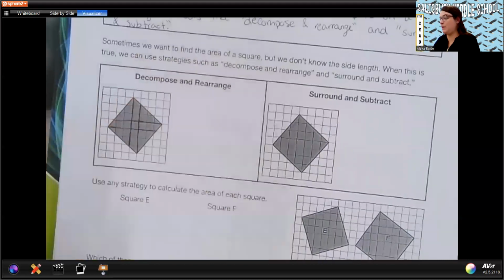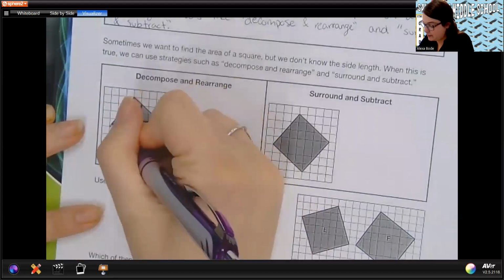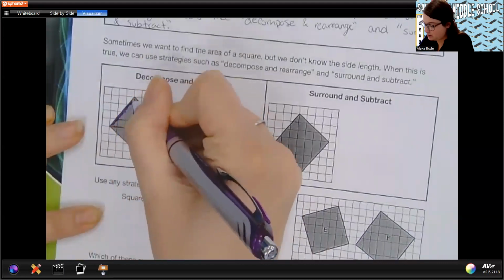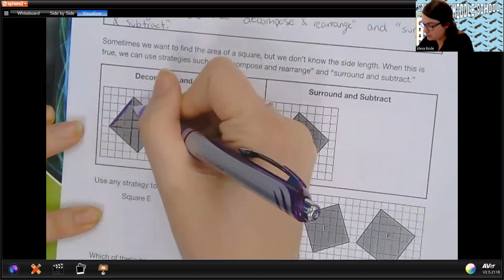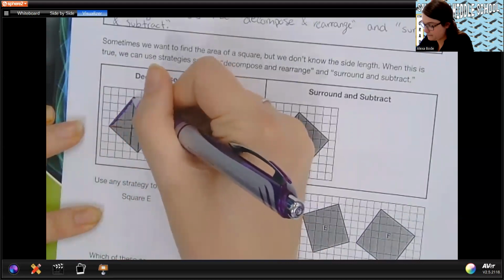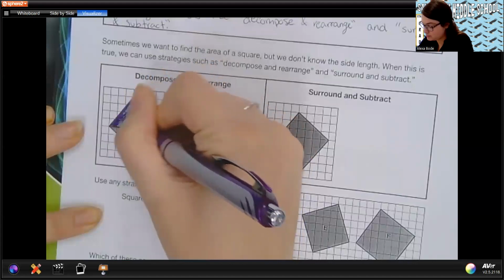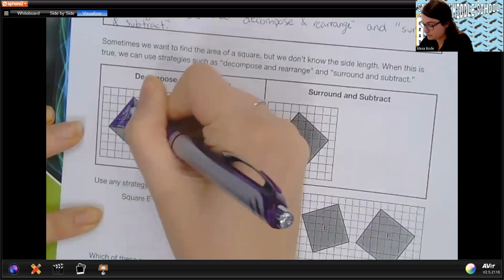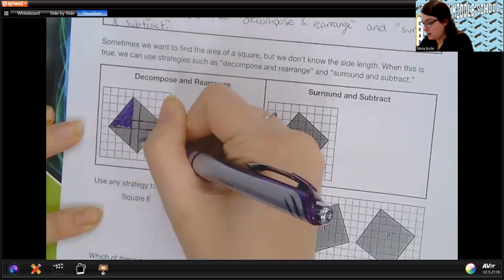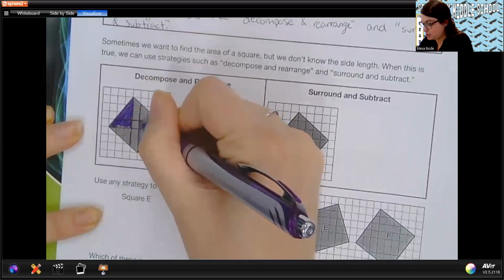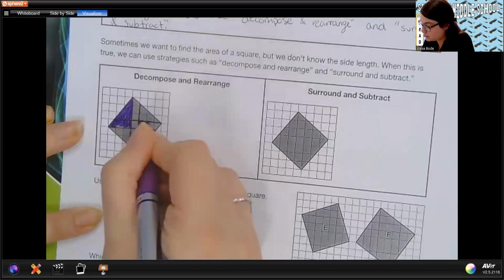It looks a little confusing because of these pieces here. So basically what I'm going to do is I'm going to have this triangle, right? This triangle all together. And this triangle all together.